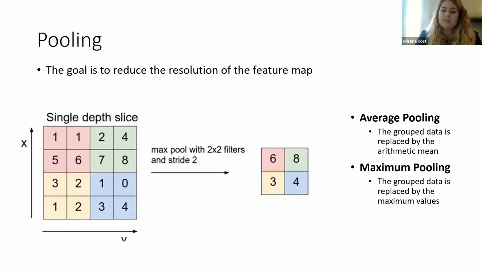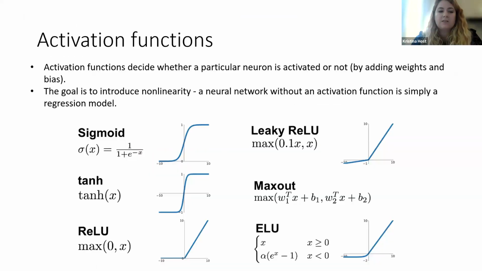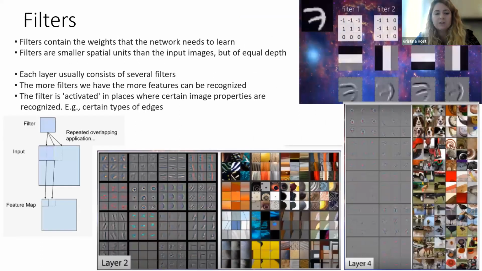We have pooling. So I said that we have convolutional layers and that we have pooling layers. Pooling layers are used to reduce the resolution of the feature maps or activation maps, which are the results of the activation functions, so the results of the convolution process.